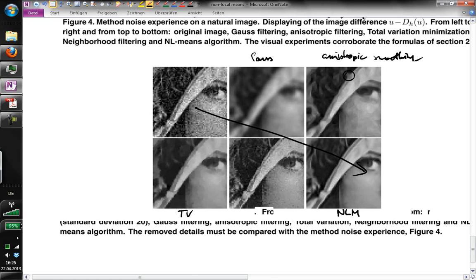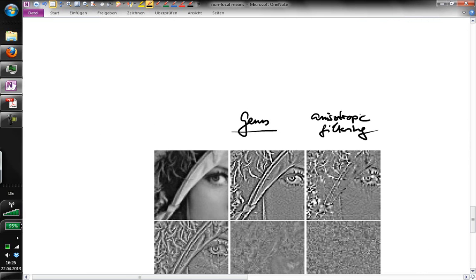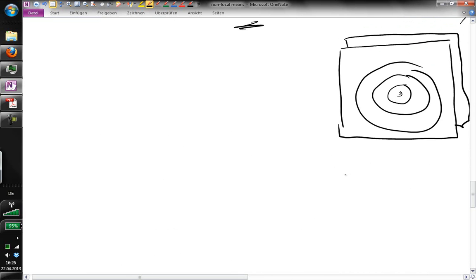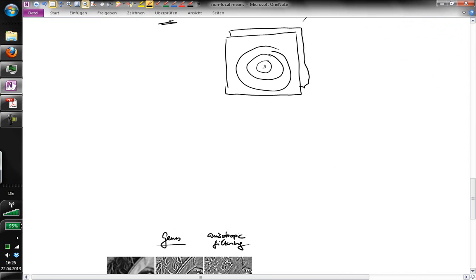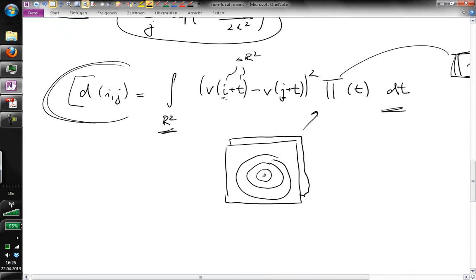So I have one more comment, namely about this dissimilarity here. Finding this dissimilarity is a kind of chicken and egg problem. Because we need to remember that the original image is quite noisy, or can be quite noisy.